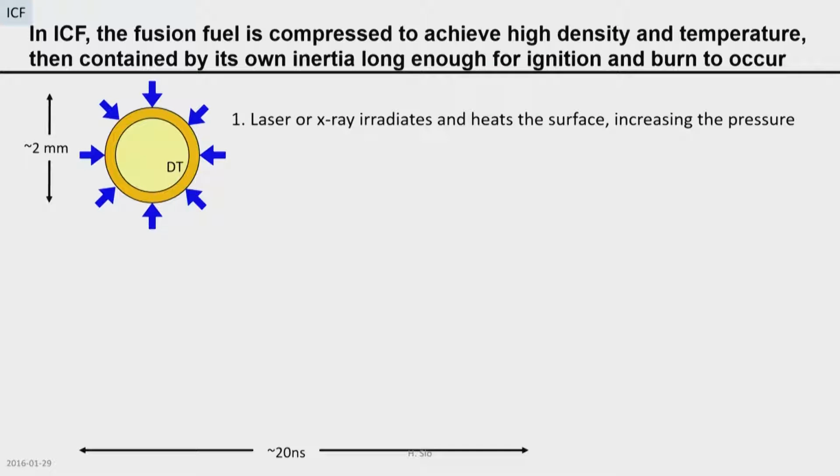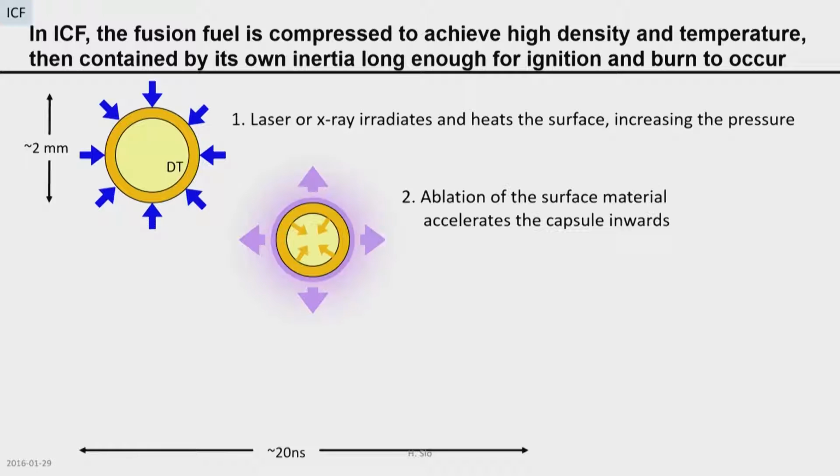All right, so let's get some standard context on ICF first. The goal is to compress the fusion fuel to high density and temperature and then contain it by its own inertia long enough to get ignition and burn. You start off with a capsule about 2 millimeters in size and use X-ray or laser drive to irradiate it and heat the surface, and that increases the pressure.